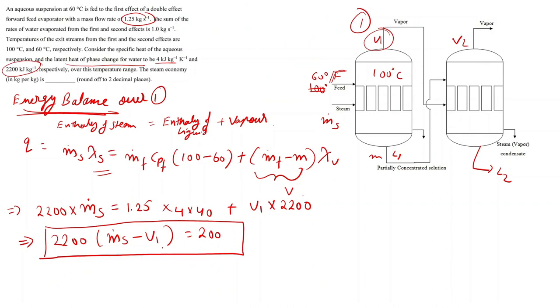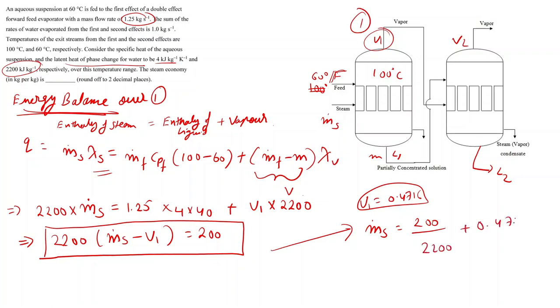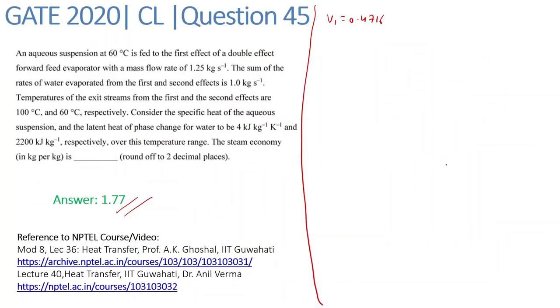Now we can put that value of V1 over here to find the value of m dot s. So m dot s will be 200 upon 2200 plus 0.4716. So the mass of steam will come to around 0.5625. Now we have this value of m dot s, and we also have V1 plus V2 equal to 1, and then we can find the steam economy.